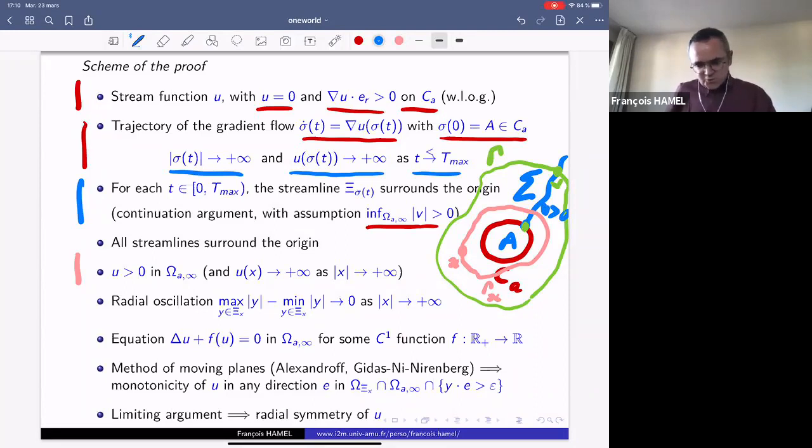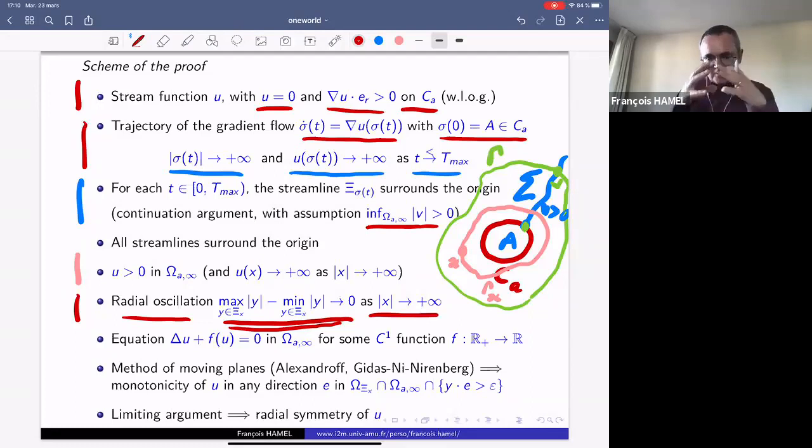And we can also show that the radial oscillation of the far streamlines goes to zero. So the radial oscillation, which is defined like that, the maximum of the norm of y when y belongs to Cx minus the minimum, goes to zero when norm of x goes to infinity.